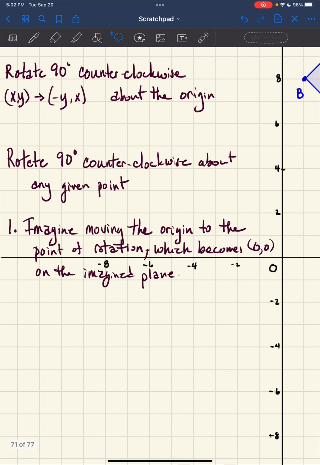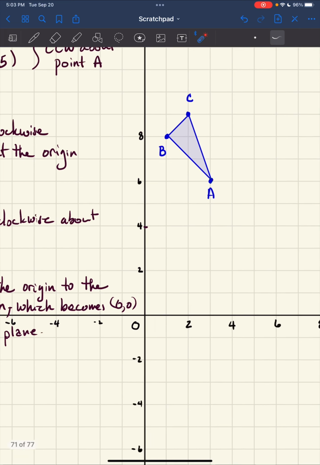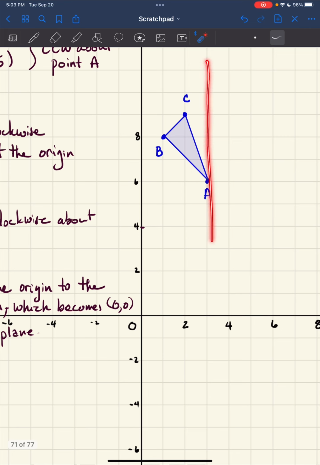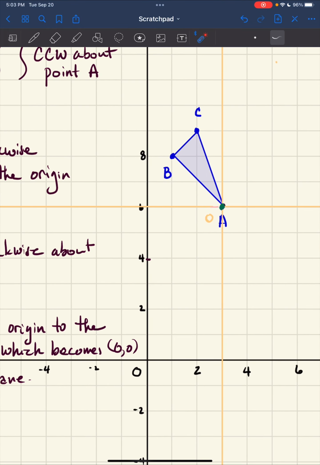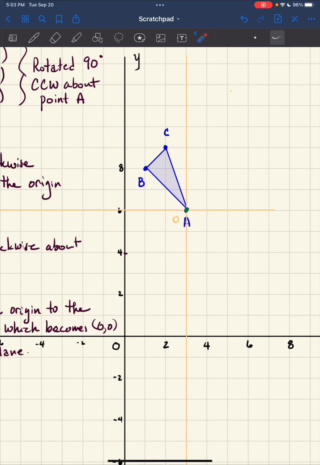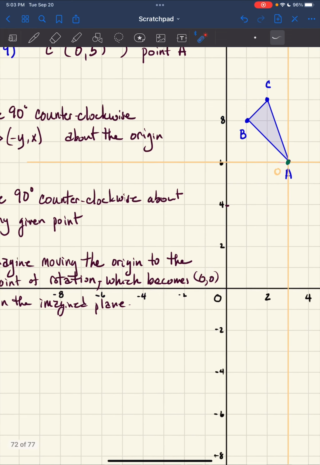Point A will become our point (0, 0) on this imagined plane. This is going to be our new plane that we're going to imagine. We don't have to draw it that way necessarily, but we're going to imagine that that's it. I'm going to represent that by this faint orange line. So that's our imagined origin at point A.